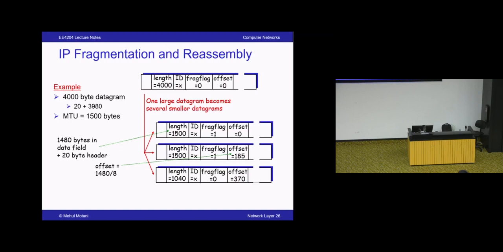If in your example that was shown here, what's the range of the offset? It can be from 0 up to 1480, right? And how many bits do you need to represent that? Does anyone know? If I want to represent something from 0 to m, how many bits do I need?